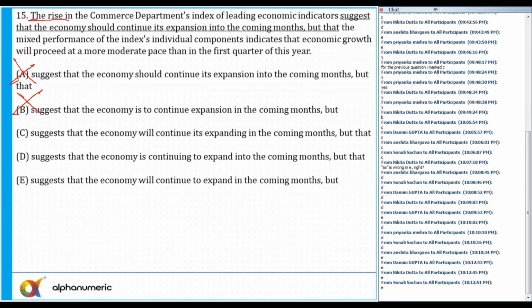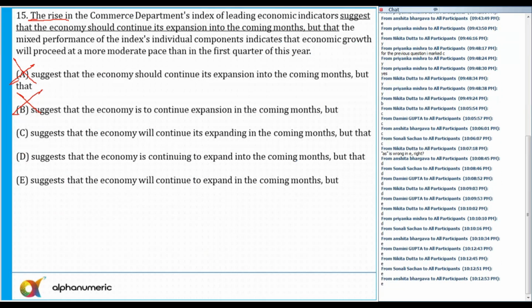So what does the rise suggest? The rise suggests that the economy should continue its expansion into the coming months, but that the mixed performance of the index's individual components indicates that economic growth will proceed.